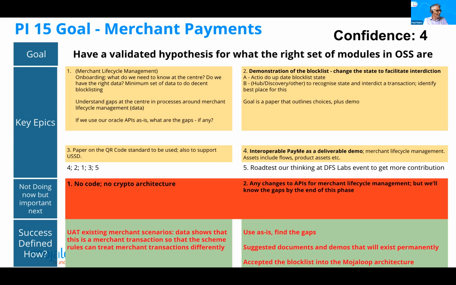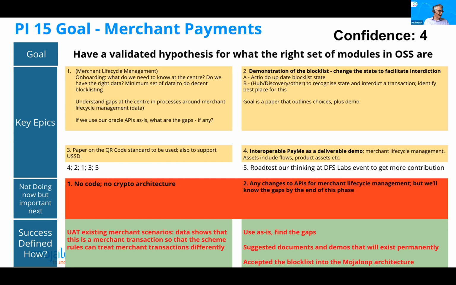So first of all, do we know what data we need to know at the center? How can we limit it so we can avoid privacy, data leakage issues, etc.? What is the minimum set of data that we need in order to do block listing, because we want to be able to turn a merchant off if they've been misbehaving or suspected of money laundering or fraud or whatever it is. So what's that minimum set of data?